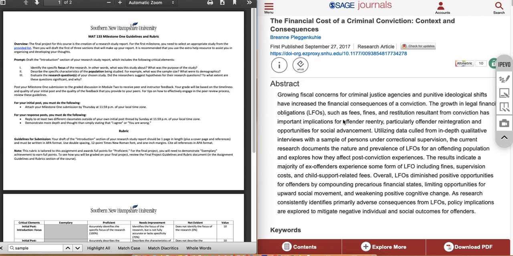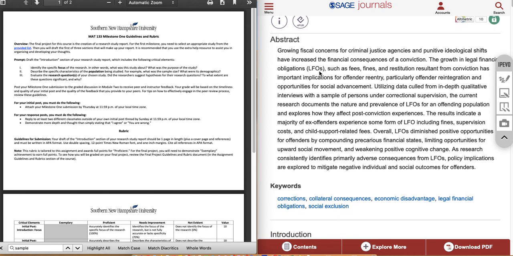The growth in legal financial obligations, which they call LFOs, such as fees, fines, and restitution resulting from conviction, has important implications for offender reentry, particularly offender reintegration, and opportunities for social advancement.